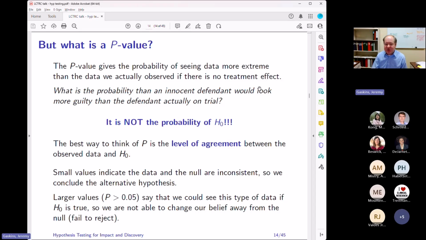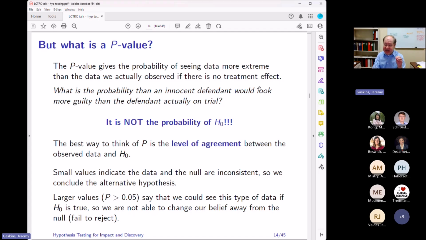The easiest way is just really to think about the p-value as a level of agreement between our observed data and some null hypothesis. And so, if I have a very small value, that indicates my data is inconsistent with my null hypothesis. I have a very, very low level of agreement between the data I actually saw and my null hypothesis model.